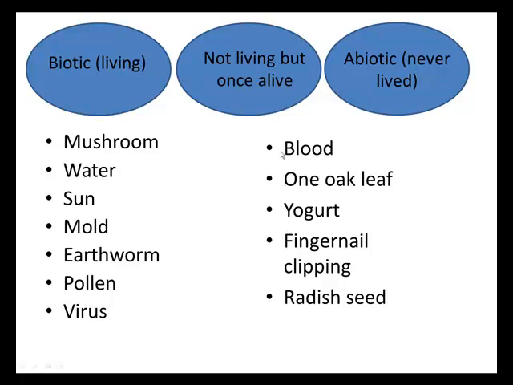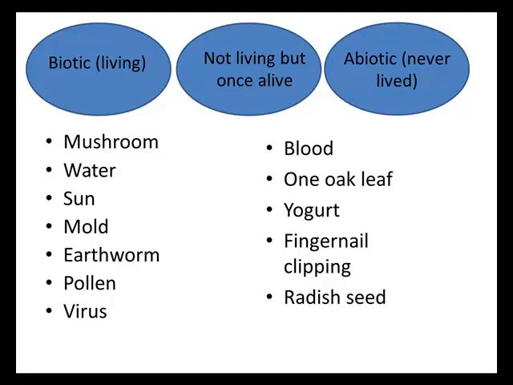Or what about blood? Are those living? Those are actually not living, but once alive, because those cells do have the ability to live for a short period of time. So pollen, blood, a single oak leaf, but not indefinitely, so they will eventually die. So non-living but once alive would be the answer for that. The virus is on there, and that just has a big question mark.